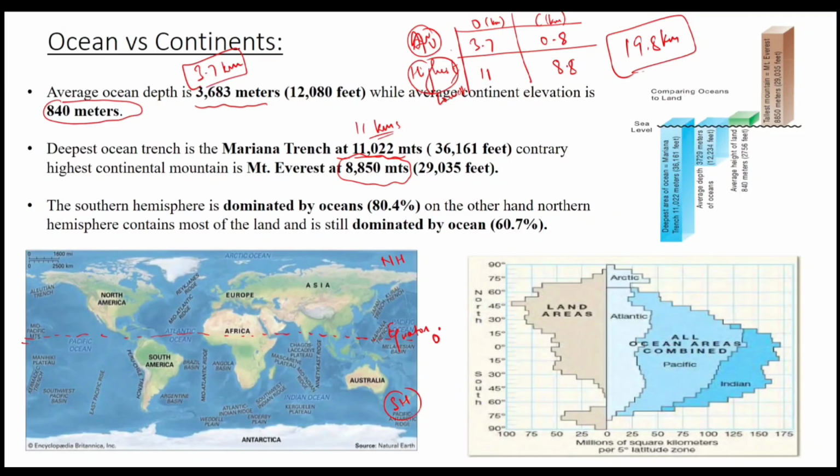But in the southern hemisphere, you can see a continent, Antarctica, where there are ice caps on the southern pole. But at the northern pole, it is nothing. It is the Arctic Ocean.